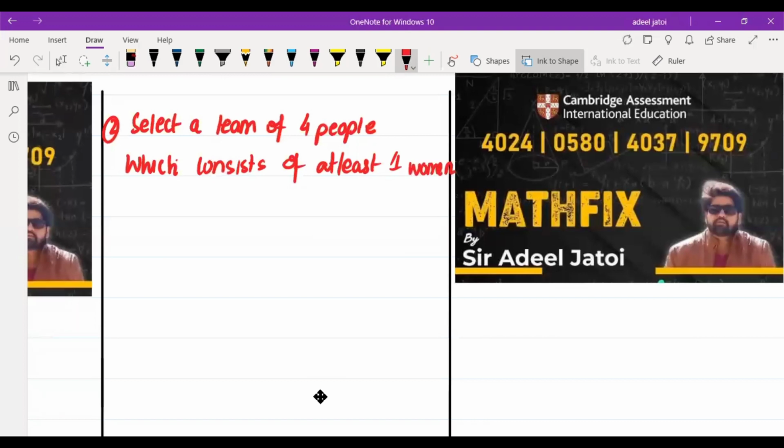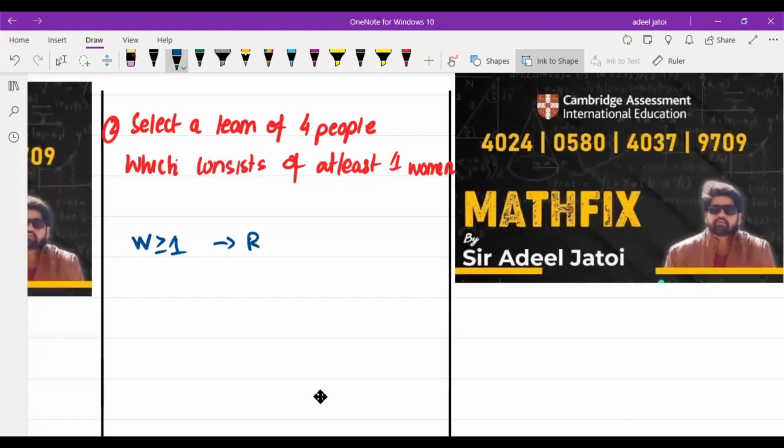Now you need at least one woman, which clearly identifies one particular thing: at least one woman means that we need women greater than or equal to 1.